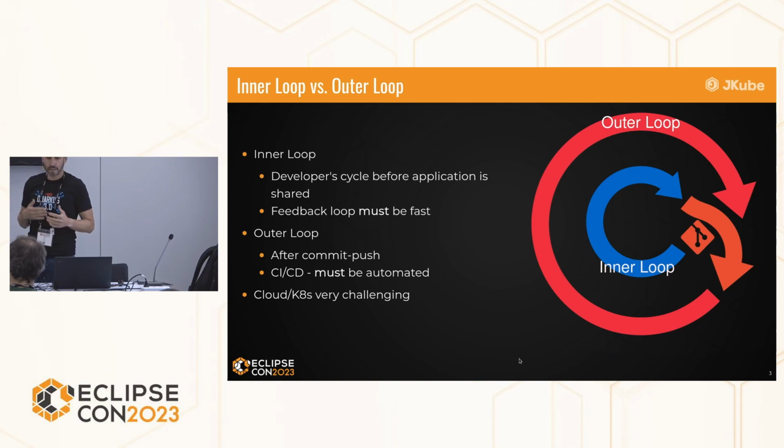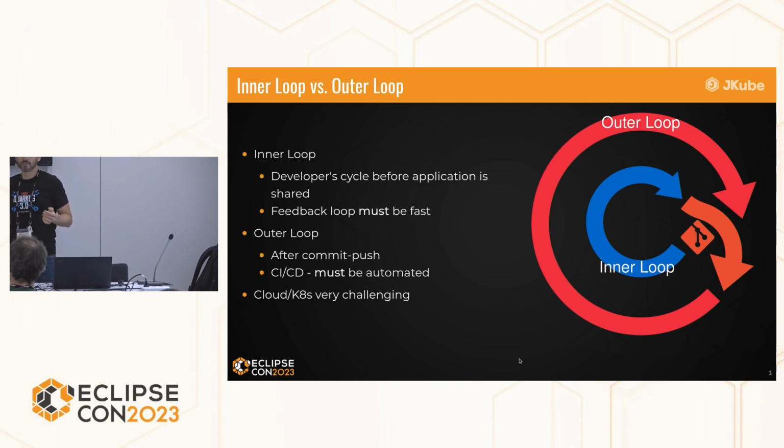What we want for this cycle is to make it as automated as possible. We don't want any human intervention here, especially if we are following the continuous deployment philosophy. We want everything to be as automated as possible. So the inner loop, we want to make short, and the outer loop, we want to make automated.